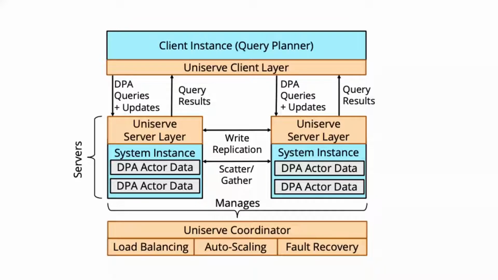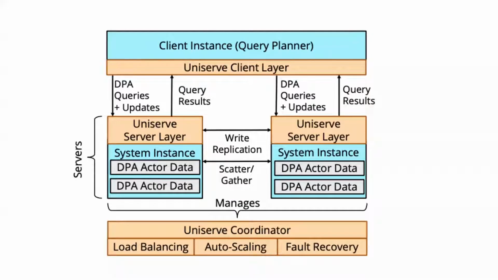All of this is managed by one single central coordinator, which manages state with the help of Zookeeper. It is responsible for distributed capabilities like load balancing, failure recovery, and elasticity. Uniserve can also back up data to an external durable storage system like S3 or HDFS for fault tolerance.